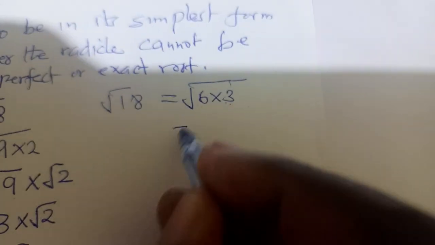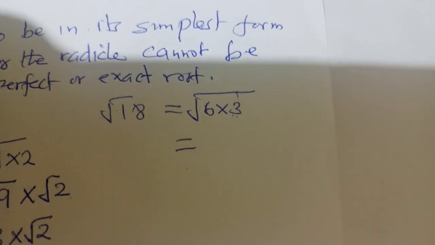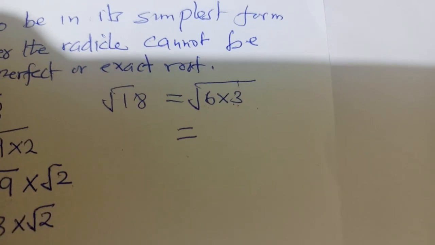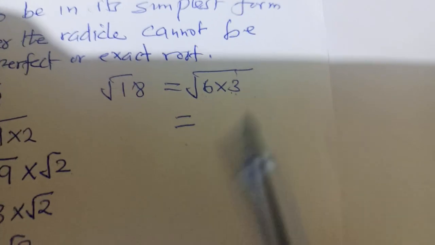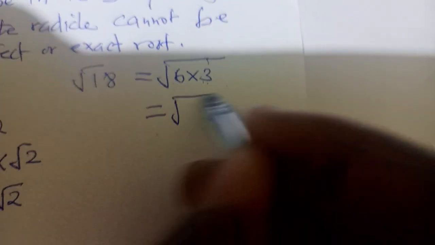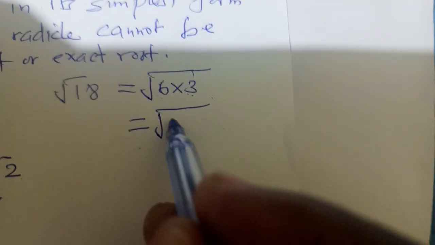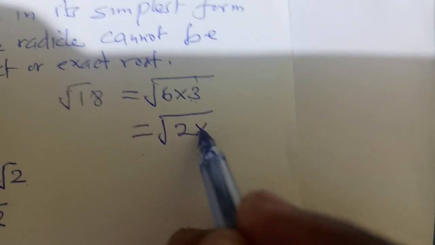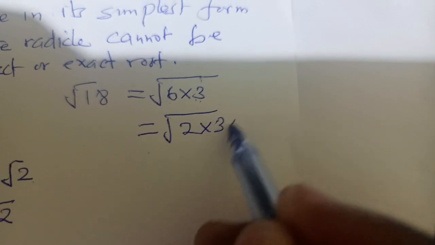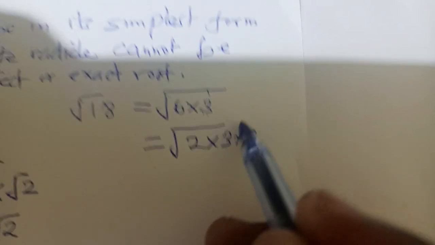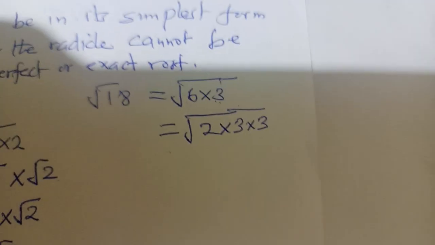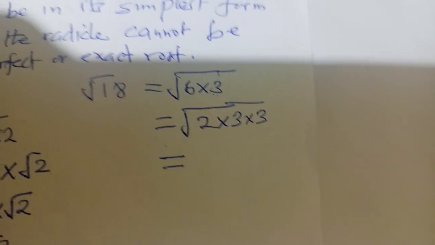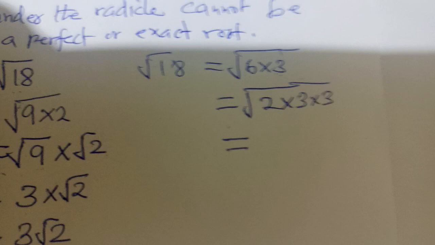Now, in this other sense, we could also as well still simplify it, but remember in this case, now we have to move another step, break the root 6 into 2 factors, which will be root 2 times root 3 times root 3. Okay, so this you can also go through the same process, but now a little longer than what we have here.